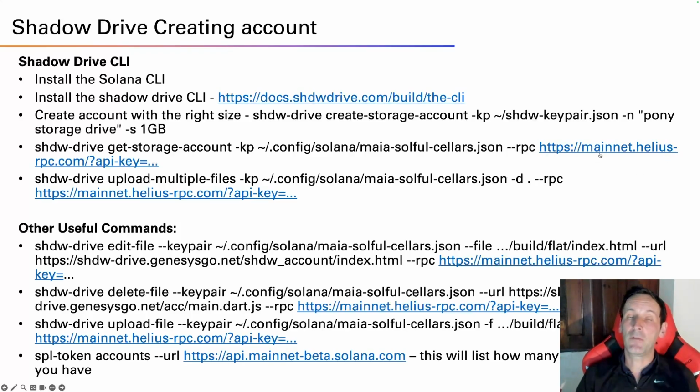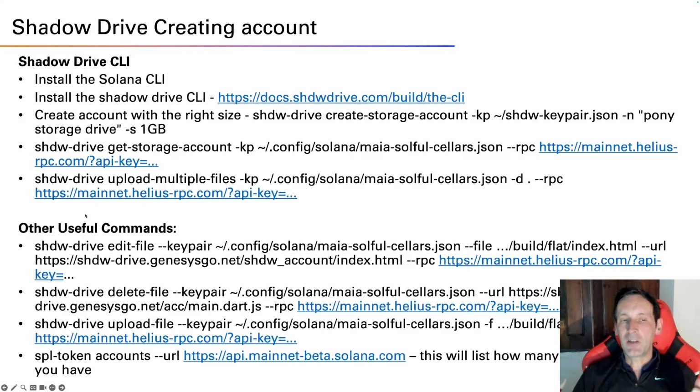I'm using the free version, so they have some paid versions that allow probably higher requests per second and things like that. So when I launch this application in production, I will probably want to go for the paid version of the RPC, but for development purposes, the free version works perfectly fine for me.